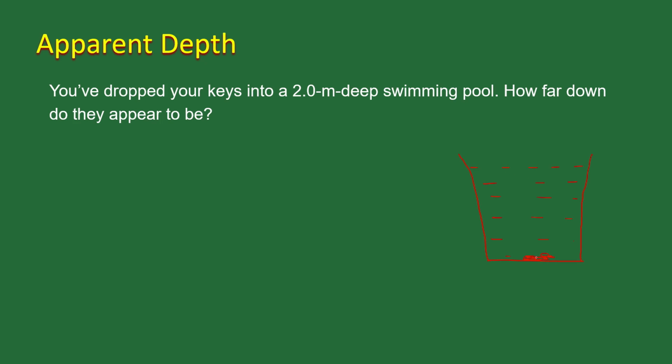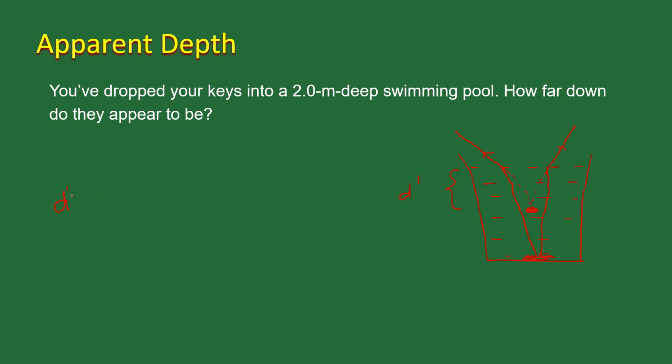Now the rays originate from the keys. When they go out, they are bent, and when you produce these rays backward, they will meet above the actual location of the object. So it will form here. That's the image of the keys that you will see from above. So that's the apparent depth, d prime, and that's what we want to find.